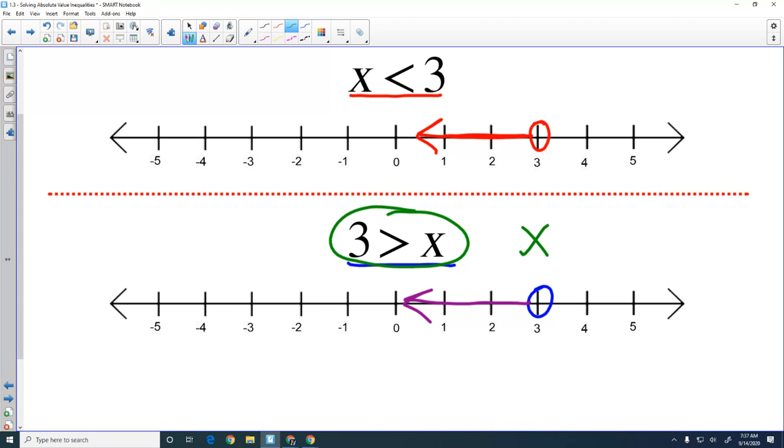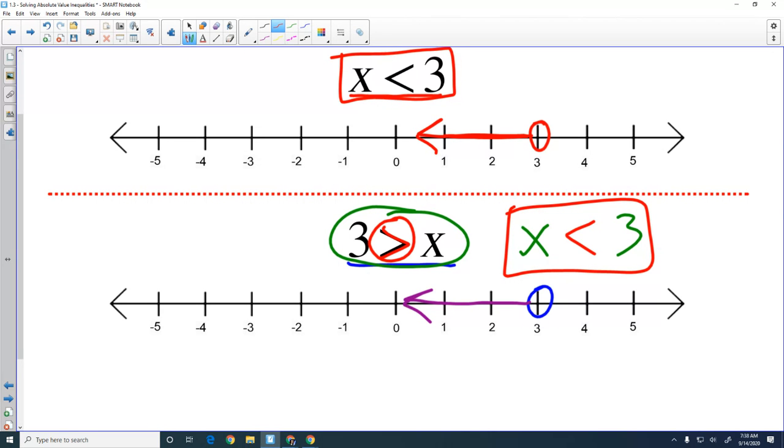So if I put the x on the left and the 3 on the right, just remember, this symbol here, it's eating the 3. The 3 is bigger, so make sure you make that new inequality sign the same direction. So it's still eating the 3, that bigger number. And now if you look at these, you'll see, oh yeah, those are definitely the exact same inequalities. So I just want to draw your attention to that so that you don't accidentally shade it in the wrong direction.